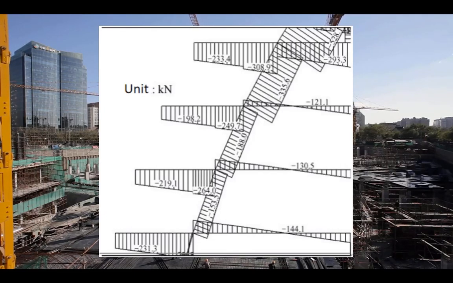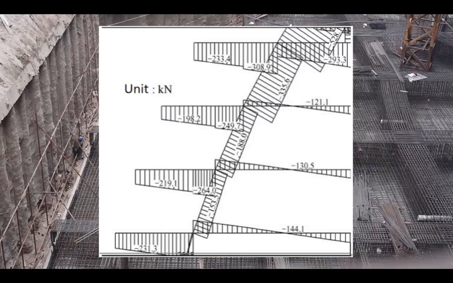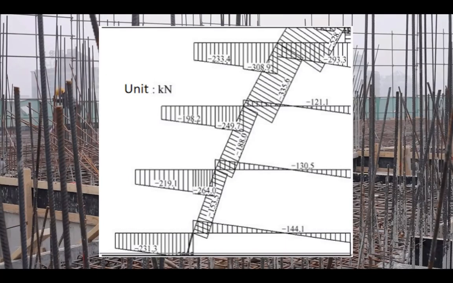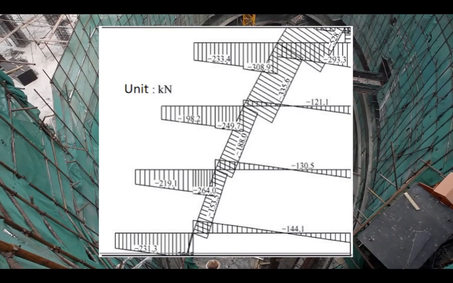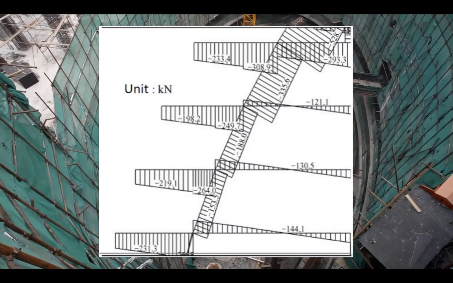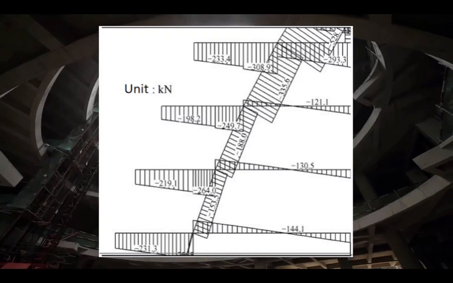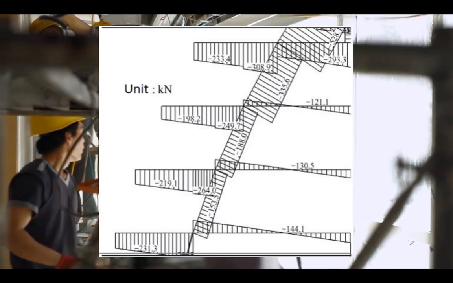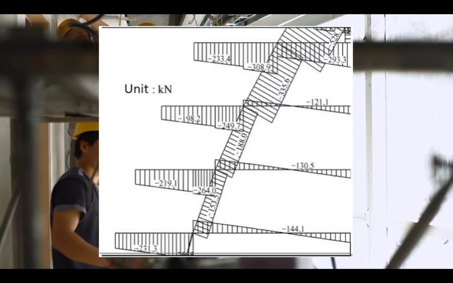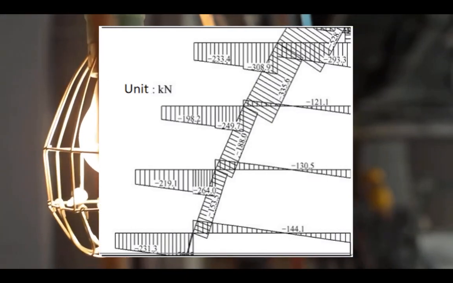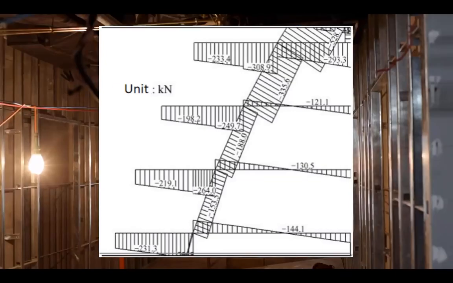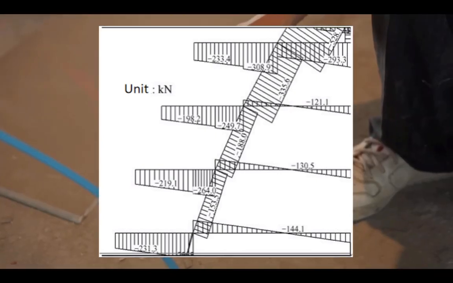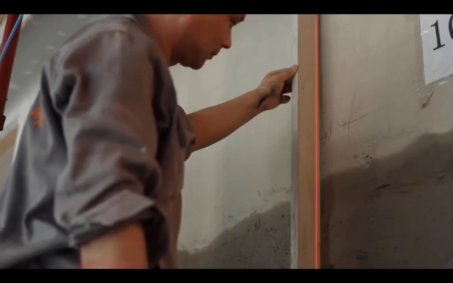Therefore, the stirrups of the outer inclined column are reinforced along the length to improve shear resistance. The inclination angle and axial compression ratio of the oblique columns at the lower floors are relatively large, which has a significant effect on the tensile force of the beam.